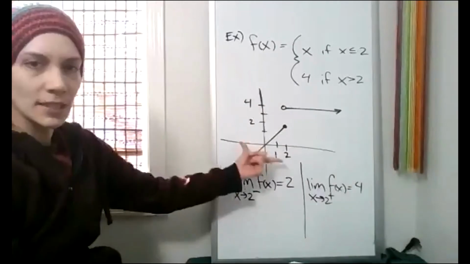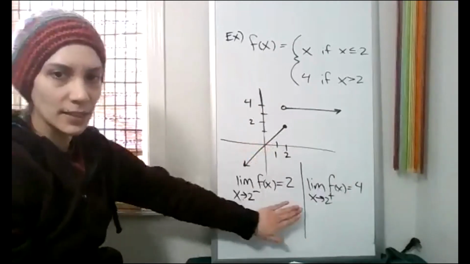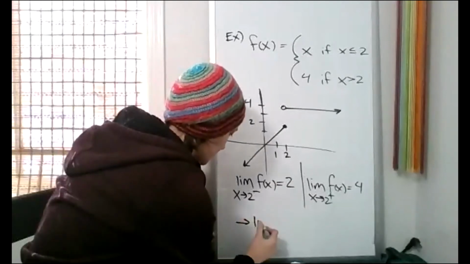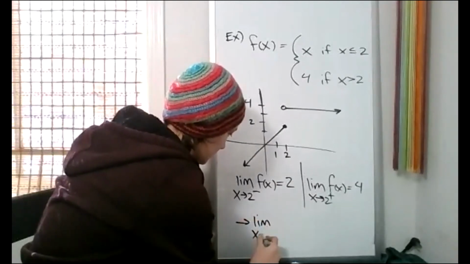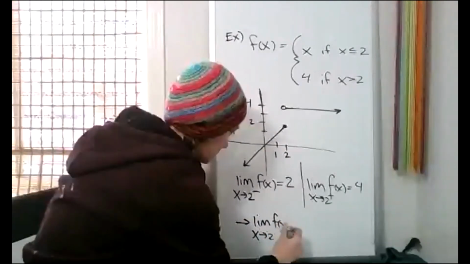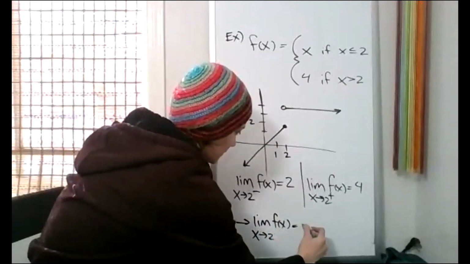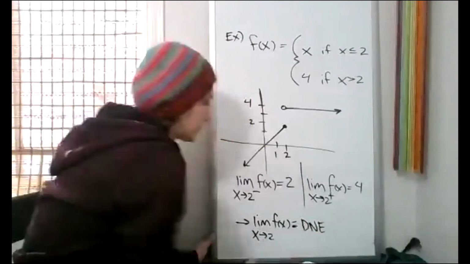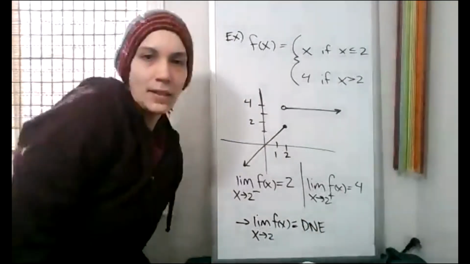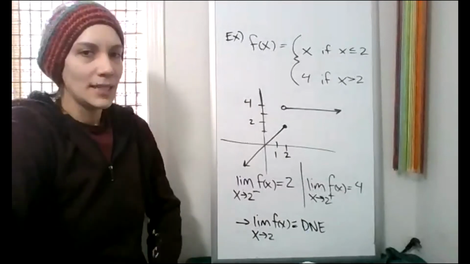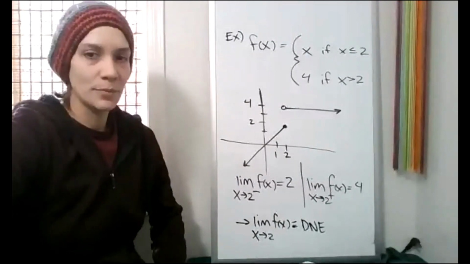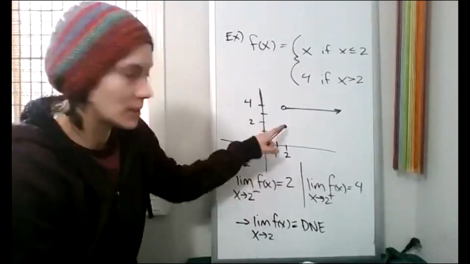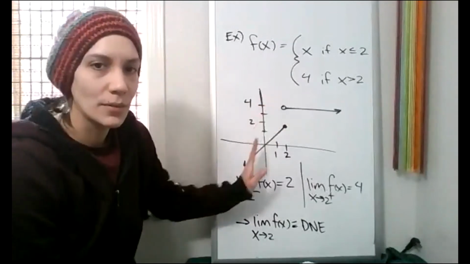Which means the limit as x goes to 2 of f of x does not exist. Cool. Yes, and that is also called a jump discontinuity, right at 2.